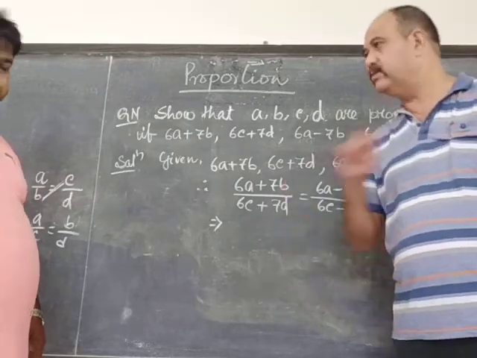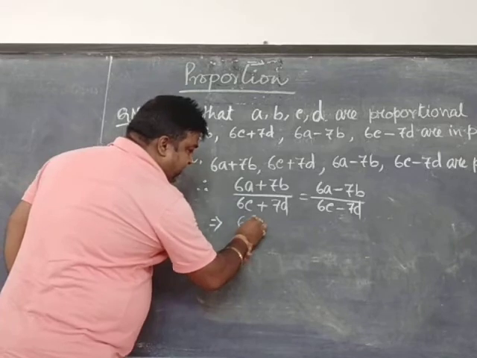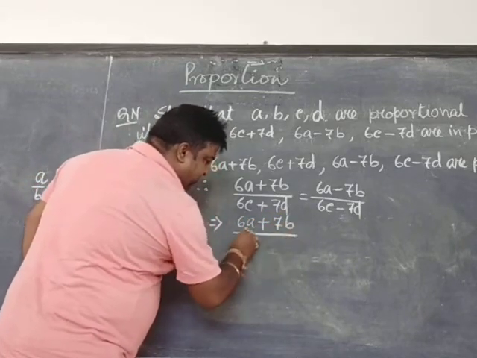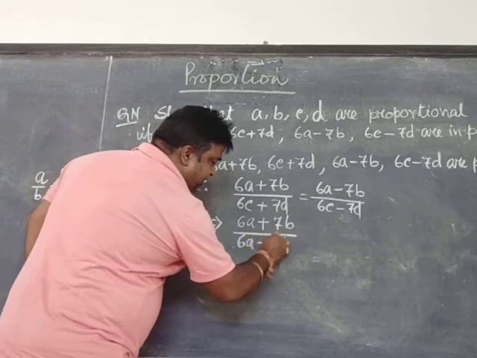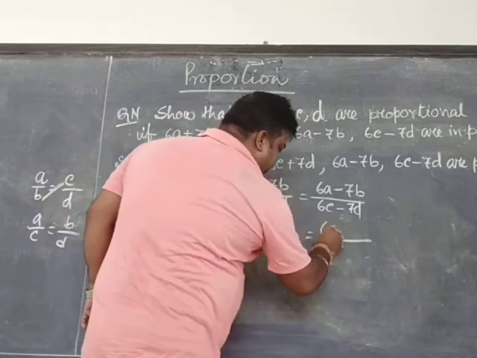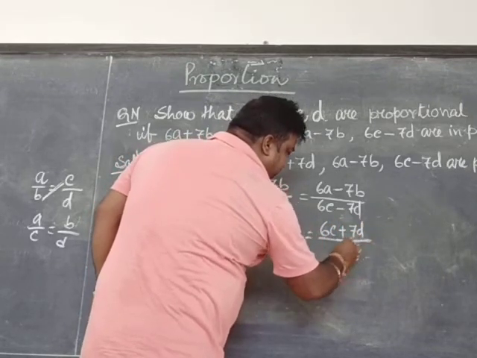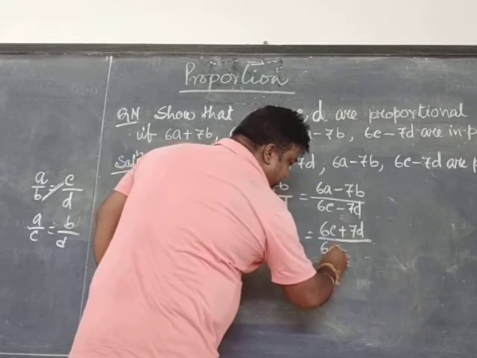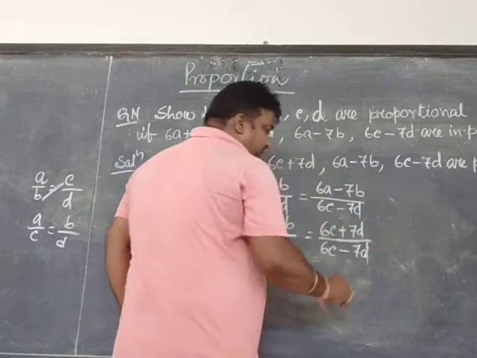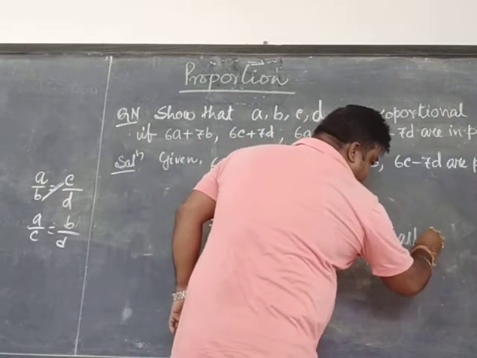Good. So it will come as 6a plus 7b by 6a minus 7b equal to 6a plus 7b by 6a minus 7b. Whatever property we use, we should mention here: alternando.